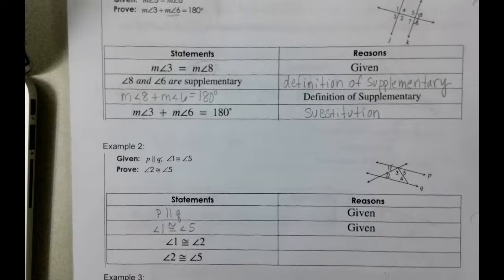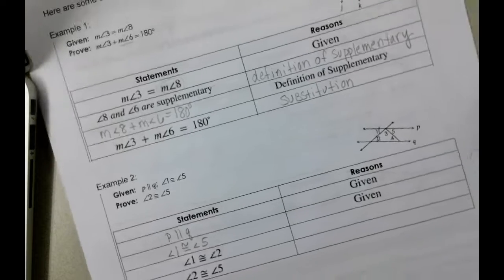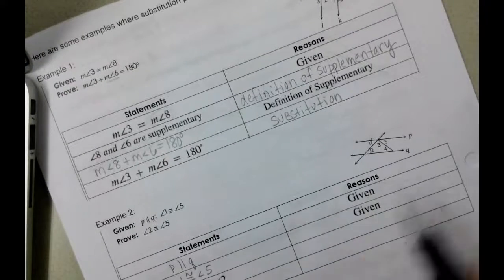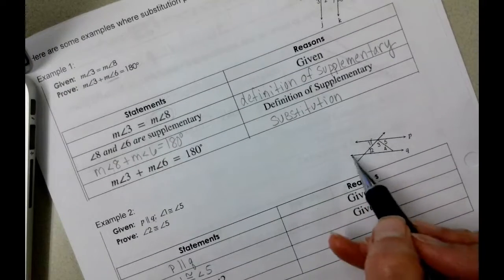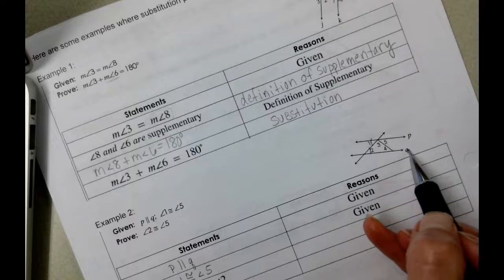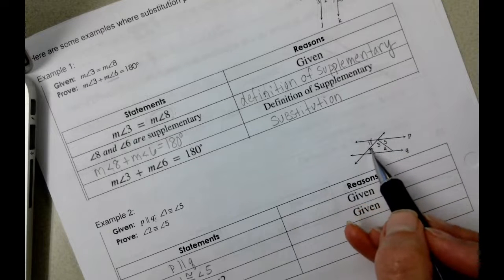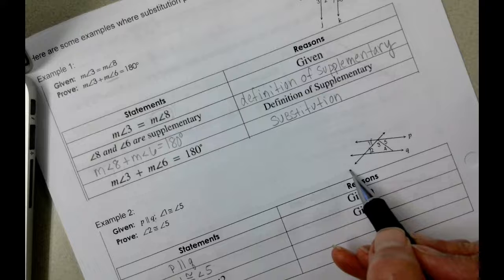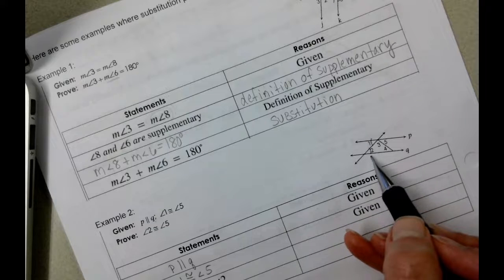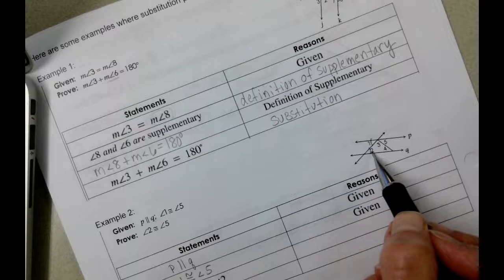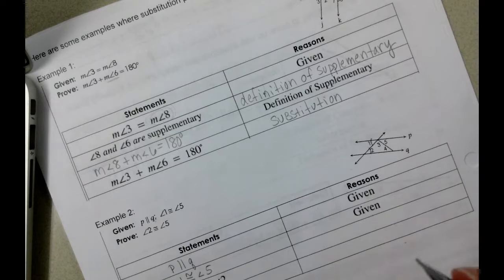So remember, and I'm going to turn my paper just a little bit here, two parallel lines cut by a transversal, then we have angle 1 and angle 2. Well, angle 1 and angle 2 are in between the two parallel lines and on opposite sides.